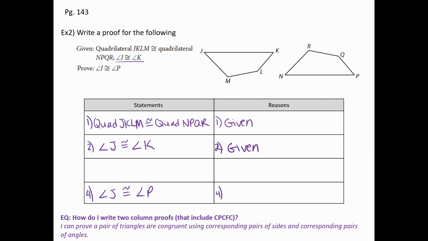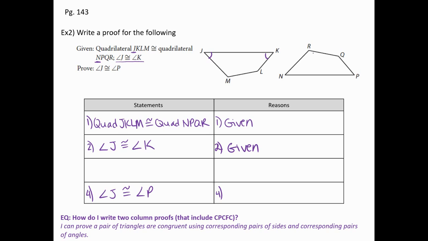And so the next one tells me that angle J, I'm going to mark it, is congruent to angle K. All right, so angle J is congruent to angle K. I mentioned all the parts have to be congruent. If I look at my congruent statement, J lines up with N in the other figure.